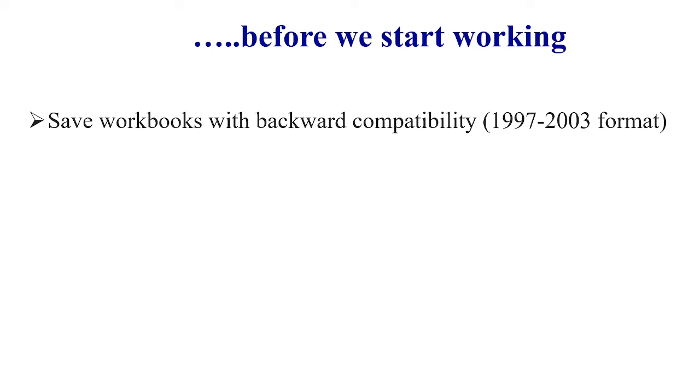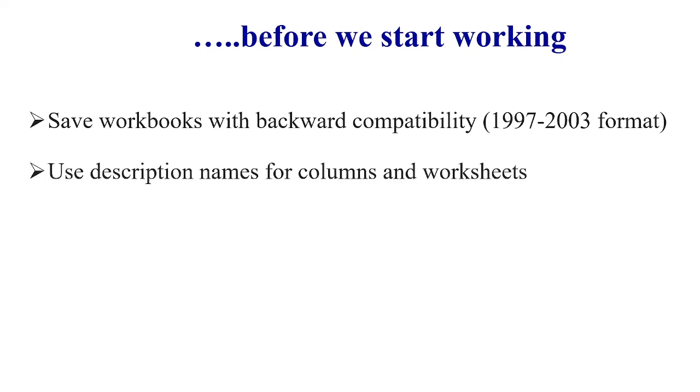Important points before we start working with Microsoft Excel. Save workbooks with backward compatibility in mind. If we are not using the latest features in higher versions of Excel, we should save our files in Excel 1997 to 2003 format for backwards compatibility.